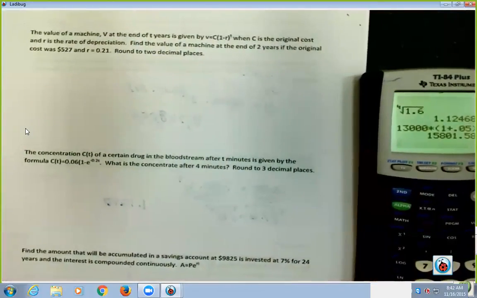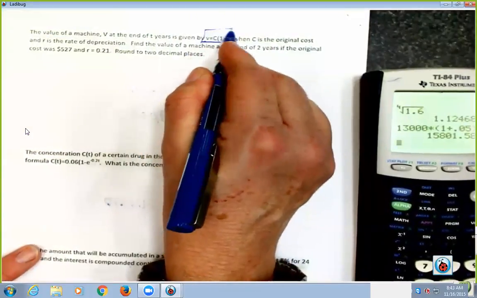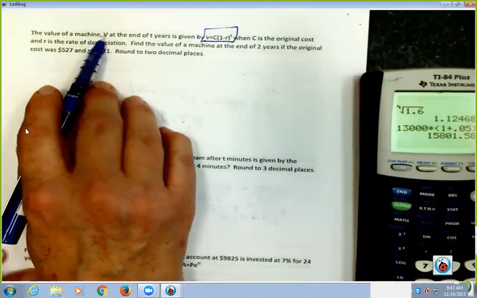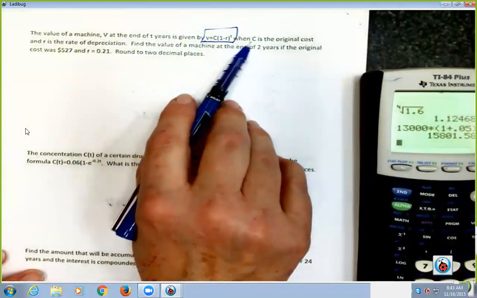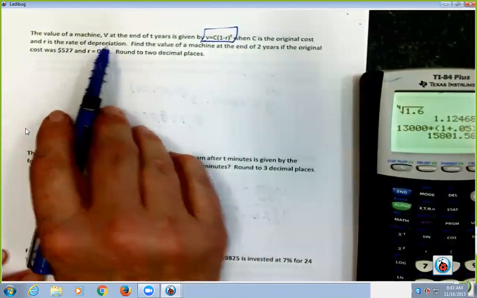Now the top one changes. It gets out of compounded interest and also bacteria stuff, and we get into a new formula, but the process is still going to be the same. We still end up using this as the value V at the end of T years is given by this, where C is the original cost and R is the rate of depreciation.